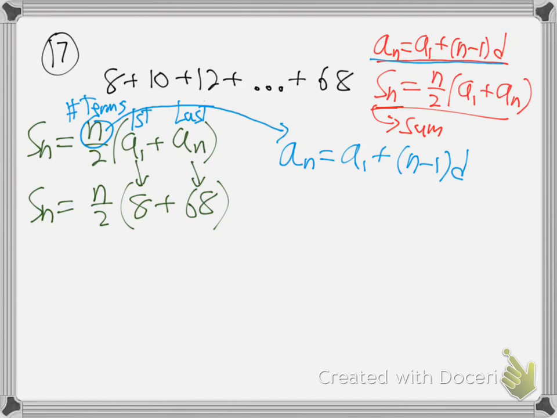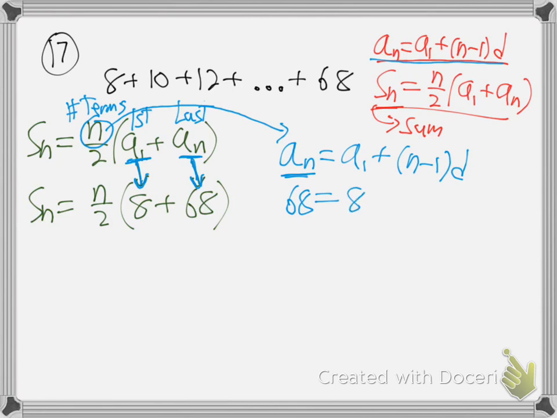Okay, so how are we going to do that exactly? Well, I'm going to plug in what I know. So what's A sub n first off? Notice it's right there. A sub n is 68. Means last term, doesn't it? What's A sub 1? First term. 8.